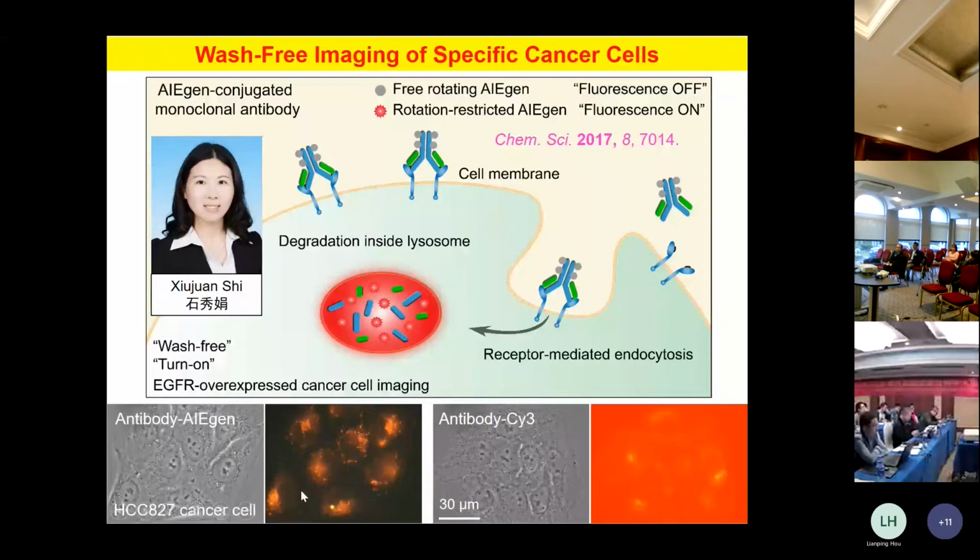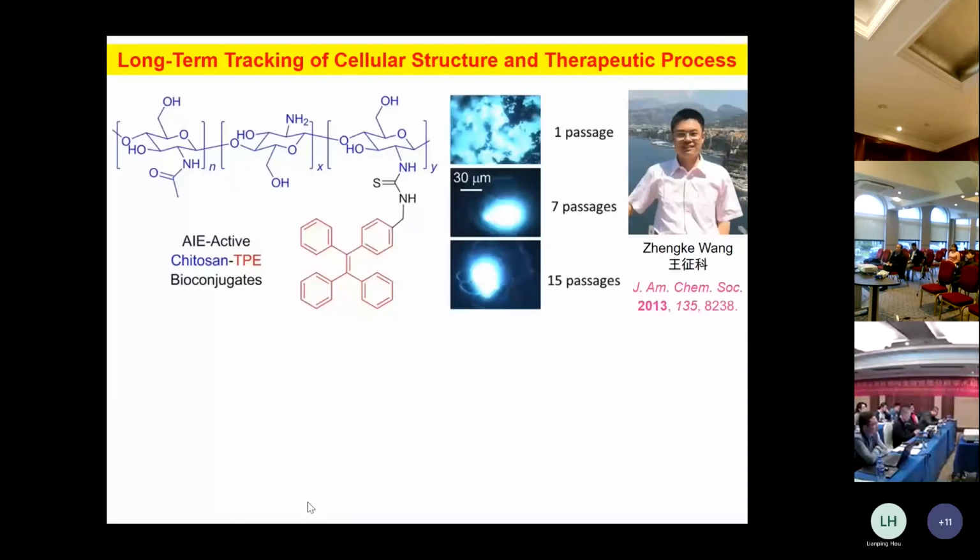Sometimes people want to do long-term tracking, because, for example, you want to know whether the cancer cell will migrate inside the body from one organ to the other. So here we again do the bioconjugation.